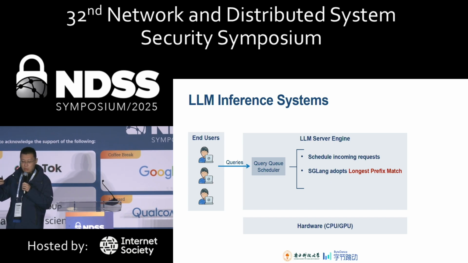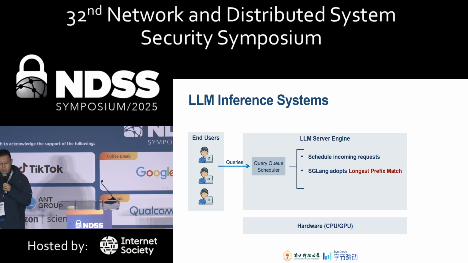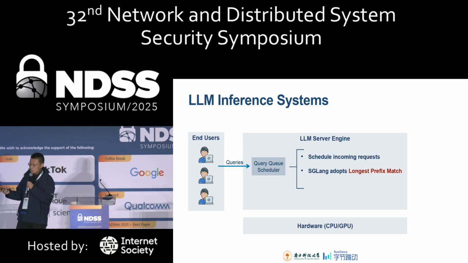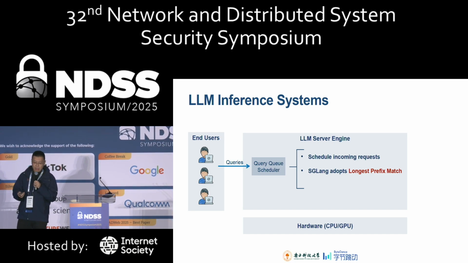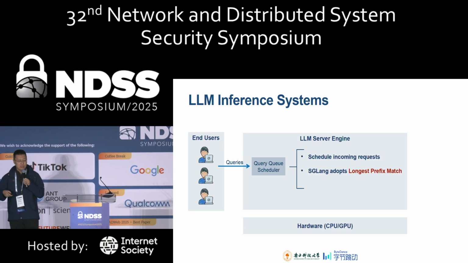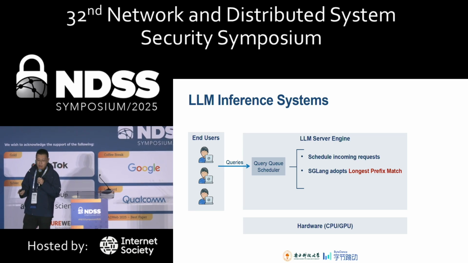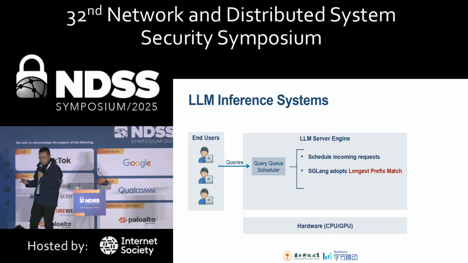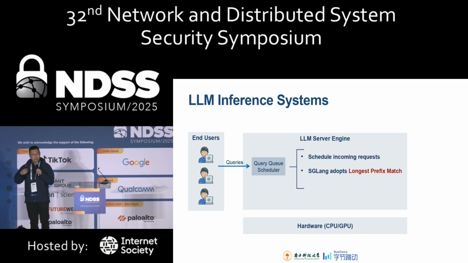Basically, it selects the request to be served first, and different LLM server engines may implement different policies. The one we study in our paper is SGLang, which is a very popular LLM serving system. It uses the longest prefix matching policy.